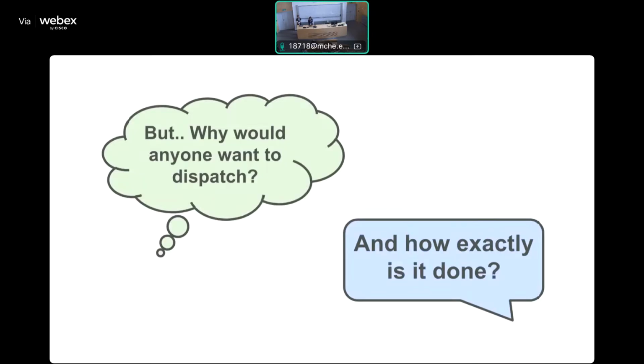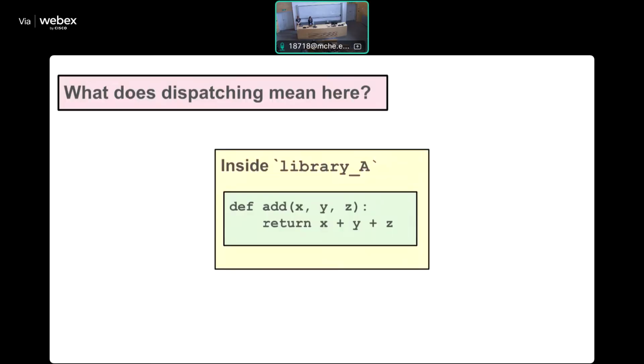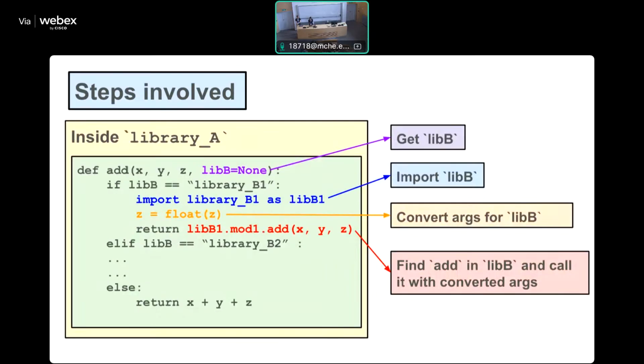Now how exactly is it done? I'm going to give a dummy example. Let's say library A has a simple add function, and there are four steps. Just a disclaimer for the next few slides: don't look at the code, just listen to what I'm saying.